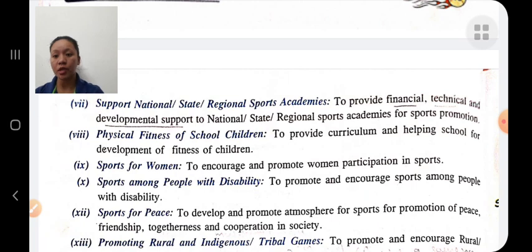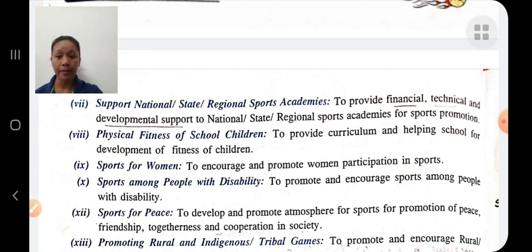Sports support for national, state, recognized sports bodies or sports academies. The Khelo India program provides financial, technical and developmental support to organize national championships, state championships, regional championships, etc. To promote physical fitness for school children, the program provides sports curriculum and helps develop the fitness of a child.